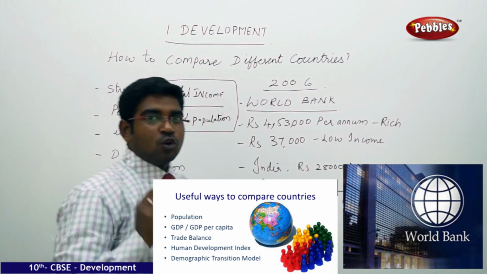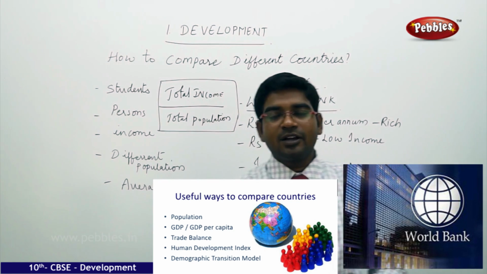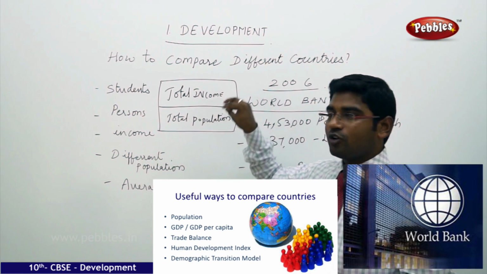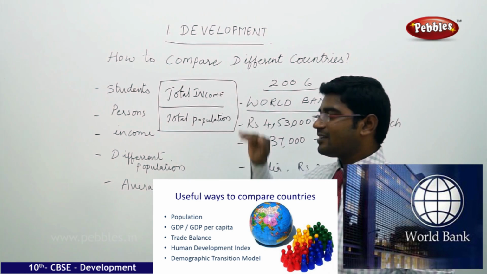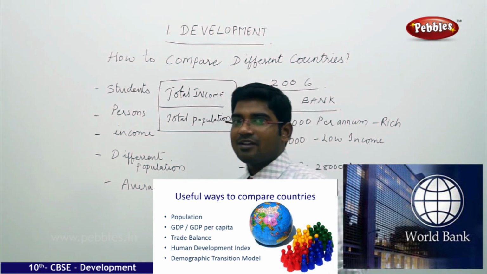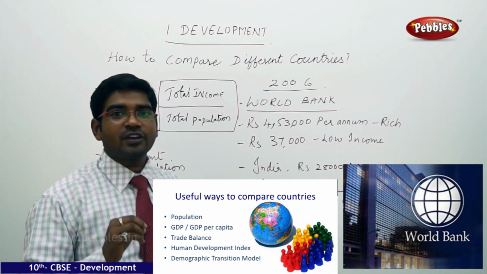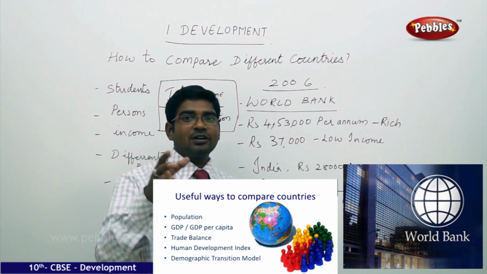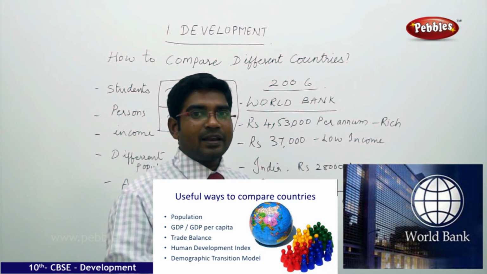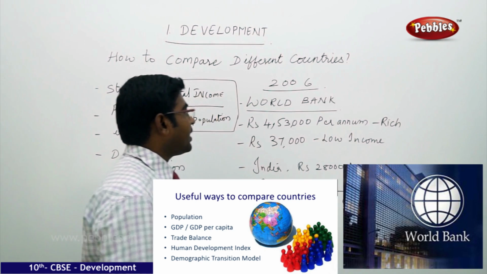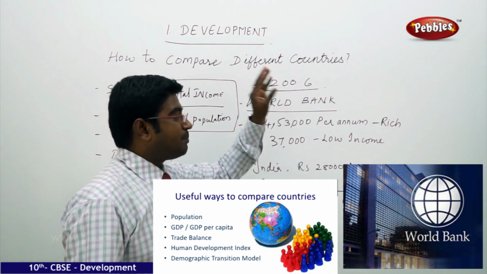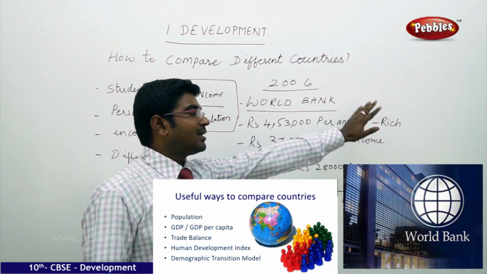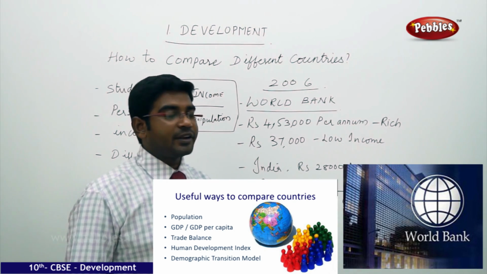A country whose national income or the national average, after taking the total income by total population, we get the national average. This national average is also called, in economic terms, per capita income, per individual income, per head income. If per head income is more than 4,53,000 per annum, per year, if he gets more than this, that country is termed as a rich country.